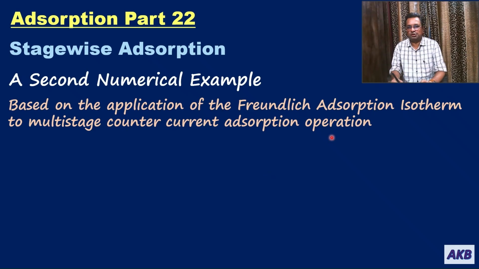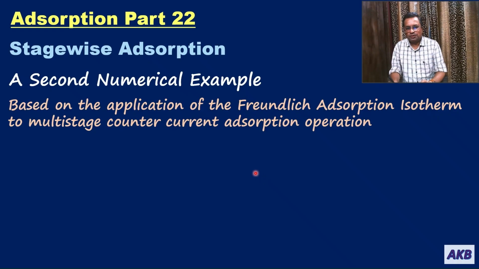So the equilibrium data is given to us. If it is given to us, you can plot it as per the requirement and then you can solve as I did in the previous part.